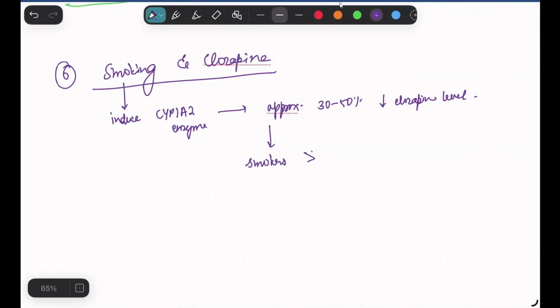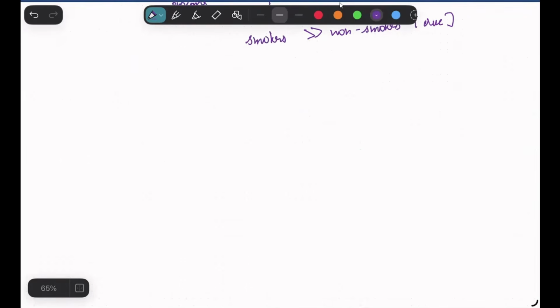Smokers require higher doses than non-smokers to get the same effect. Okay. What happens if the smoking is suddenly stopped? This is important. If the smoking is suddenly stopped, what happens?